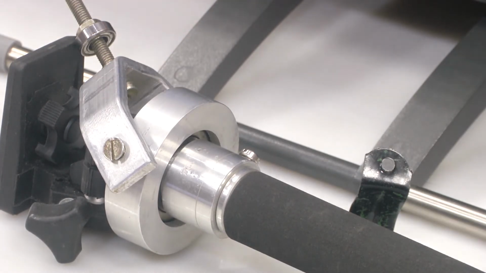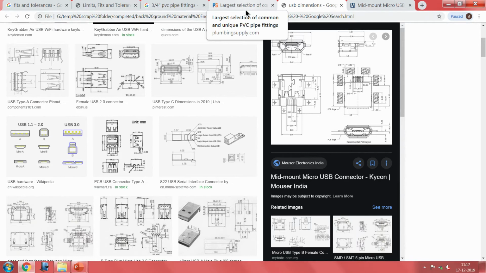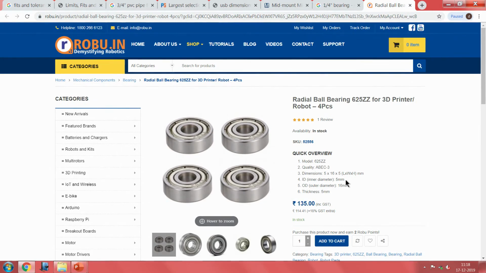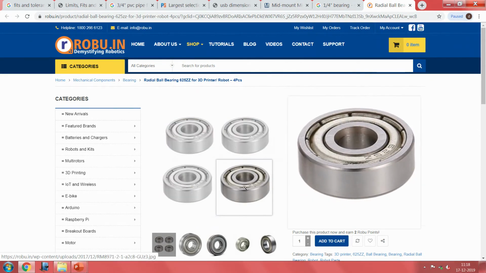Now, if you look back at that monitor, you see a large number of routine things available off the shelf. If you see, internal diameter is specified as 5 millimeters, outer diameter is specified as 16 millimeters, and the width of it is 5 millimeters.